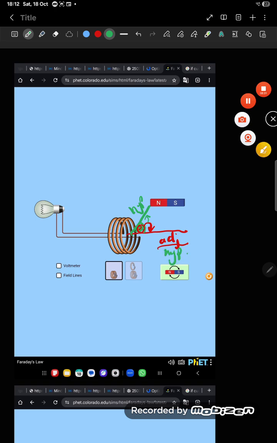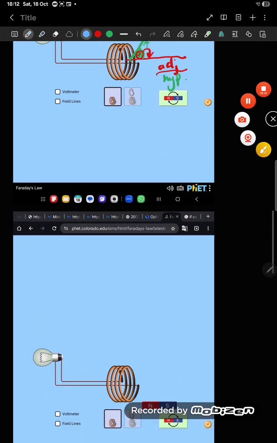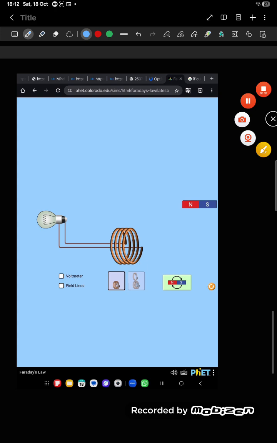Not just how high, because if it was just how high, next one, oh no, the third one. If it was just how high, can you see that this one's high, but it's not high over here. If it's high over here, not many magnetic lines can get through here. But if it's high here, some magnetic lines can get through here.